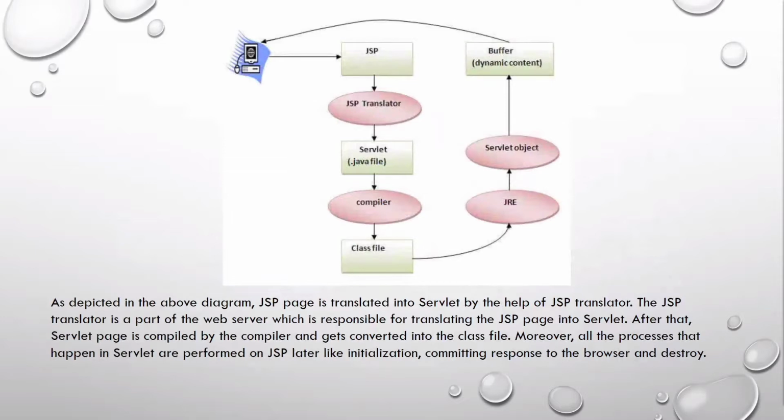The JSP translator is a part of the web server which is responsible for translating the JSP page into a servlet. After that, the servlet page is compiled by the compiler and gets converted into a class file. Moreover, all the processes that happen in a servlet are performed on JSP later, like initialization, committing response to the browser, and destroy.